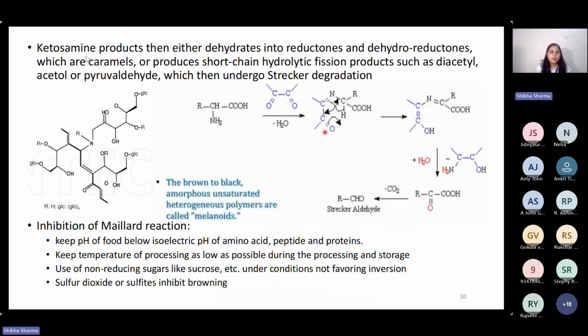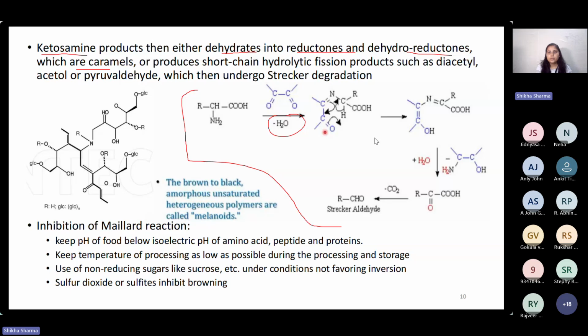Then this ketosamine product will either dehydrate, which means removal of water, into reductones and dehydroreductones, which are caramels.